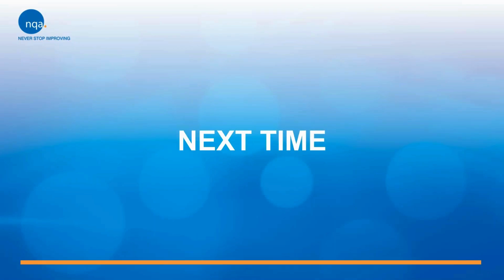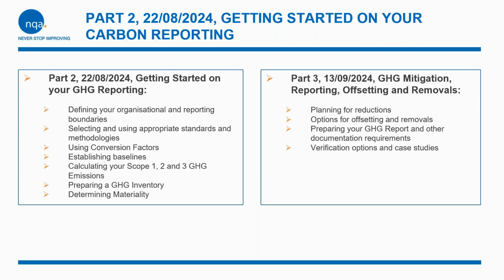Okay, good. Despite my coughing fits, we've managed to get through almost all of this. Next time, on the 22nd of August, we'll look at part 2 of this webinar, getting started in your GHG reporting. We'll get into the nitty-gritty of actually quantifying your carbon emissions in that particular webinar.